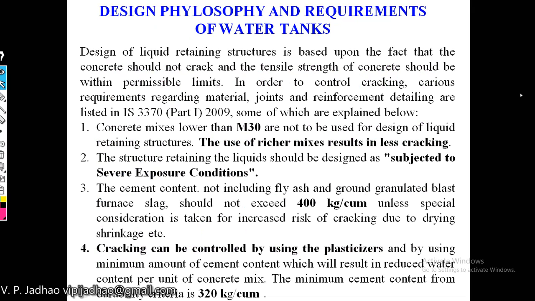The first requirement for water tank is that the concrete mix should not be less than M30. Minimum grade of concrete shall be M30 for liquid retaining structures or water tanks. At the same time, use of rich mixes results in less cracking.